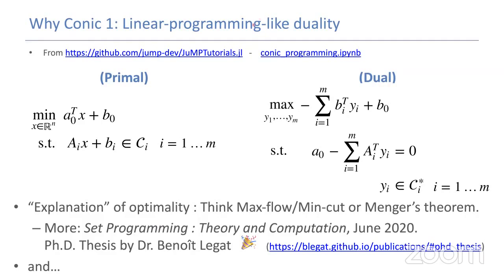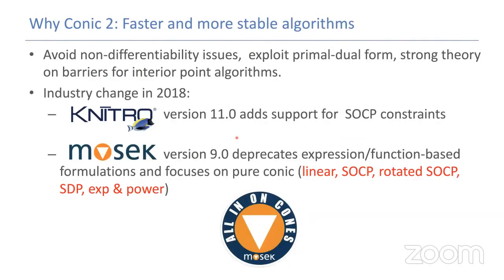One of the reasons conic duality is useful is for actual algorithms. It allows for more complicated and more effective interior point algorithms for conic optimization. I'll talk a little bit about that later. In particular, this is one of the reasons that in 2018 there was a shift among some of the more important commercial solvers for continuous optimization. They basically switched to a more conic-centric point of view.